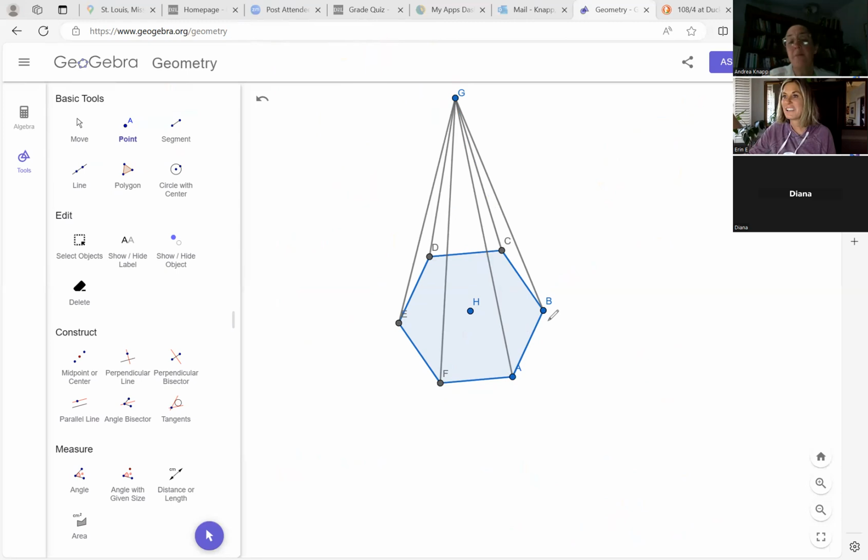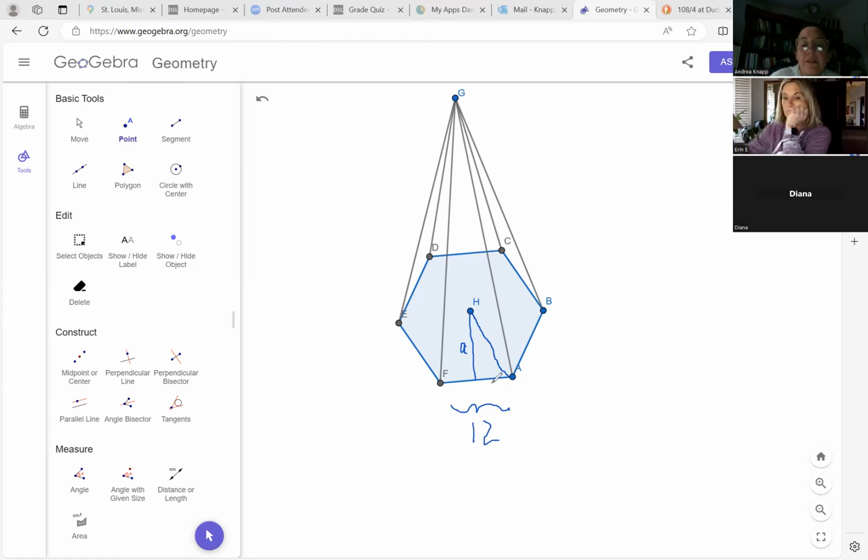But before I give up on the one I drew, let's just clean this up a little bit. The key to this whole thing was finding that apothem right there. And we did it by knowing that this side was 12.